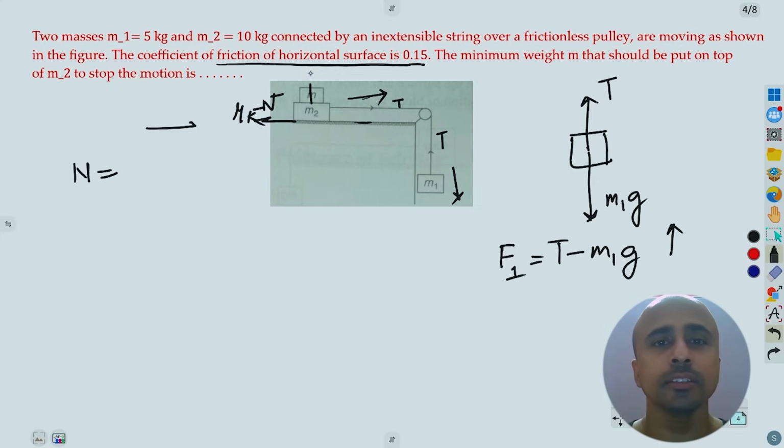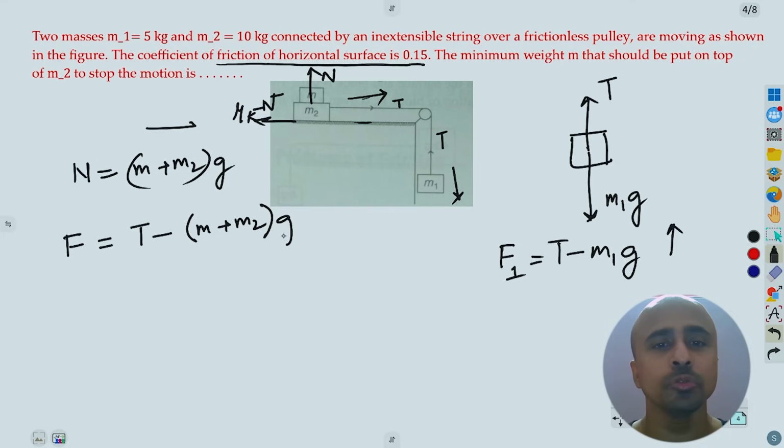N is in this direction, which is basically (m plus m2)g. The normal reaction is equal to the gravitational force, and so in this case the force of the system is T minus mu k (m plus m2)g in this direction.